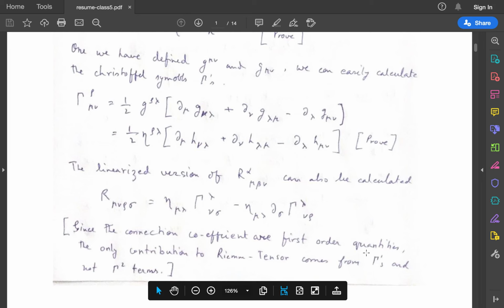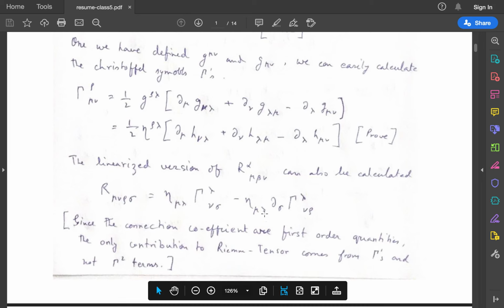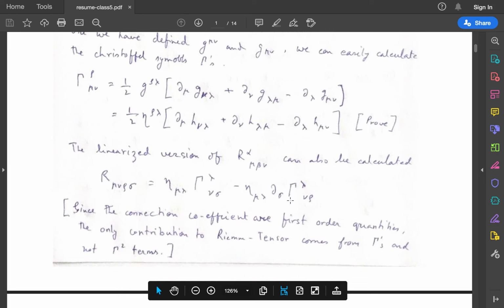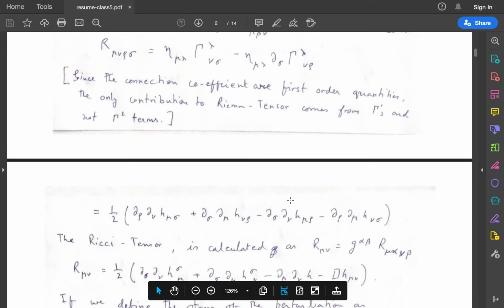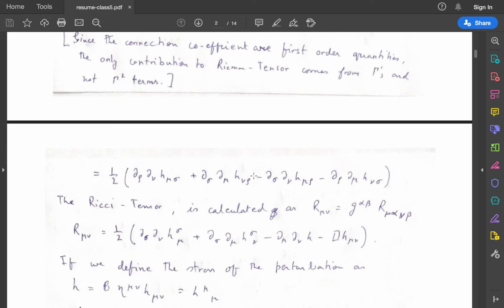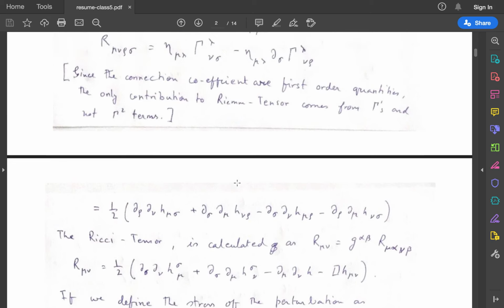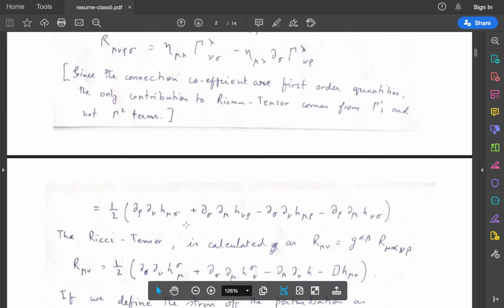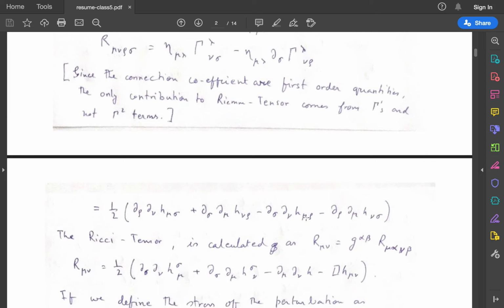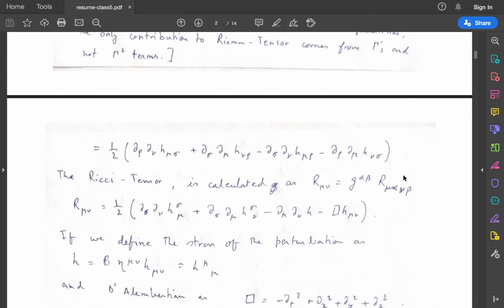Once the Riemann tensor is calculated, you can also expand this gamma in terms of h mu nu, and you will get eta mu nu and h mu nu, and you will get this term. This is also very straightforward; you can just do a straightforward calculation and find out.